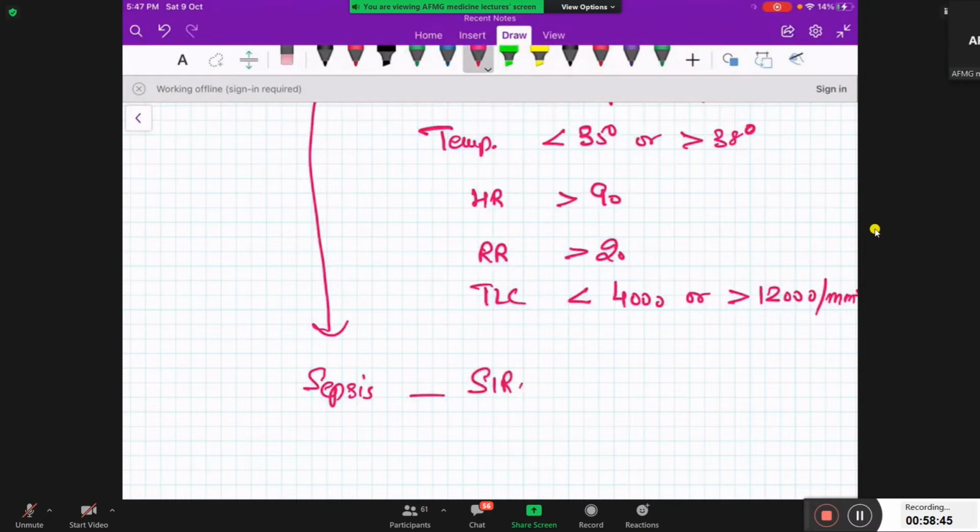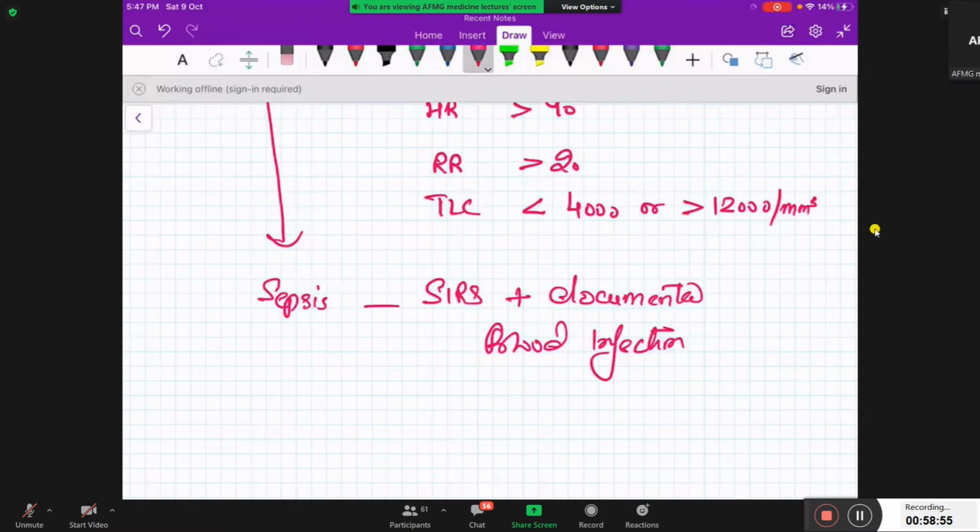Sepsis is SIRS with documented blood infection. SIRS with documented blood infection means blood culture positive. You can appreciate that if you delay in starting your antibiotic, the bacteria which was local earlier can go into the bloodstream and can lead to sepsis.